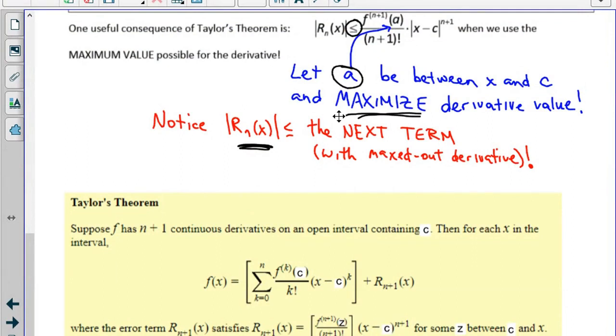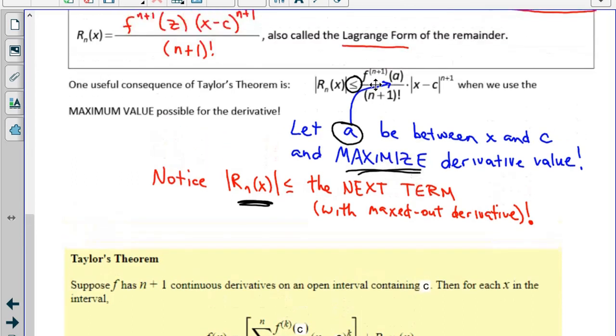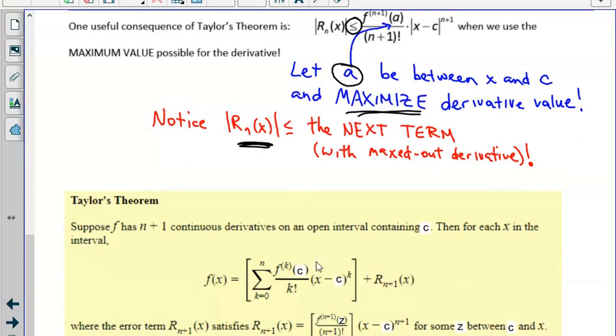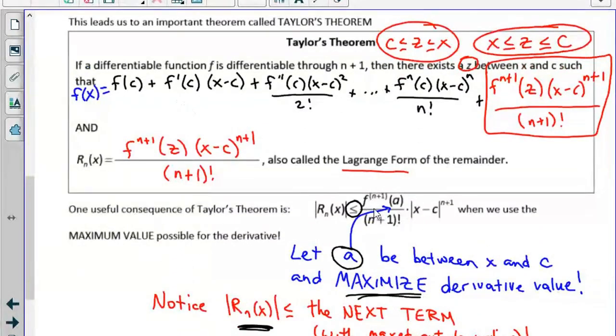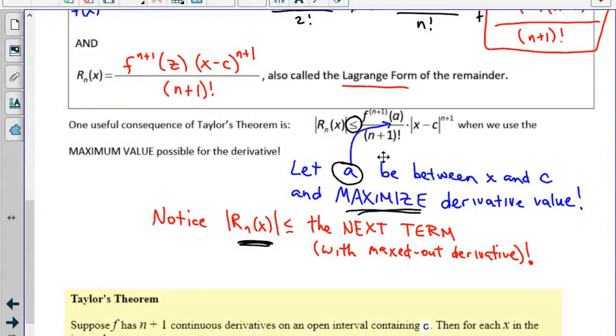One last reminder, just to summarize what's going on, I want to find the maximum possible error, I mean, the maximum possible error that I'm willing to live with, basically. I let the maximum possible derivative go into the next term. So it looks complicated with all of these c's and z's and x's and everything. But really, I just take whatever the polynomial is. So let's say I have a 5th degree polynomial. I look at the next term.